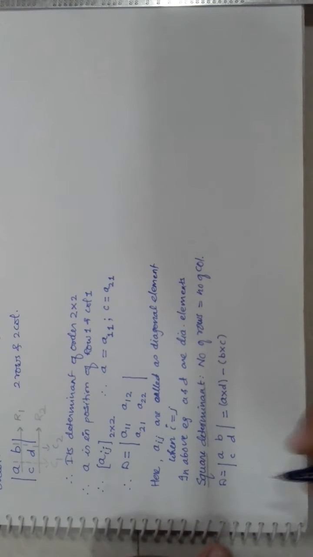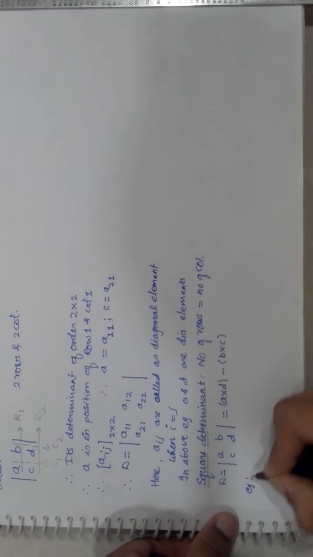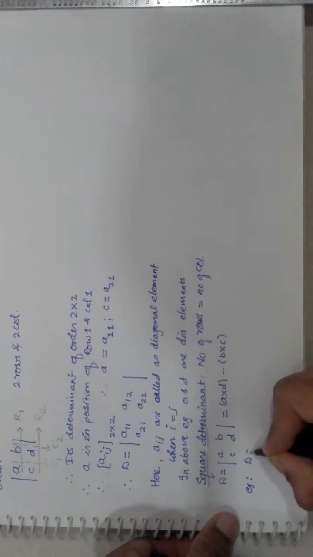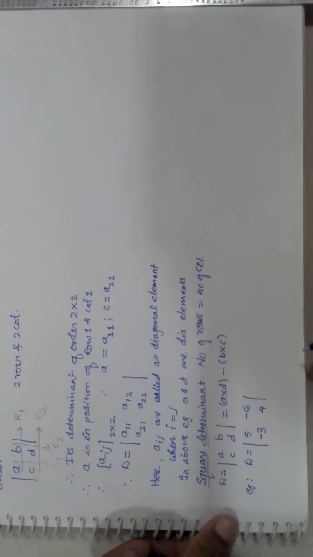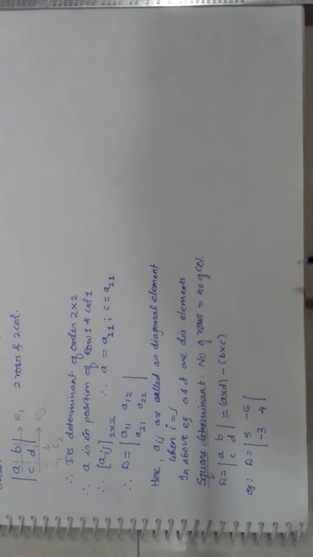Let me take an example to understand it better. Suppose your determinant is 5, minus 6, minus 3 and 4. Since I am short of space, I will write it here only, you don't do it like this.